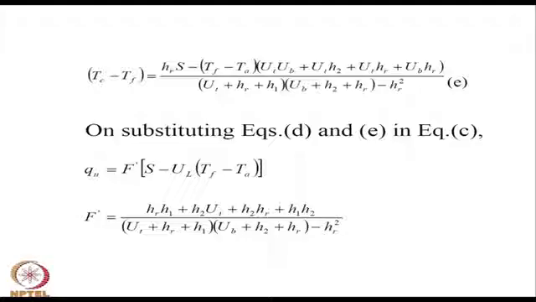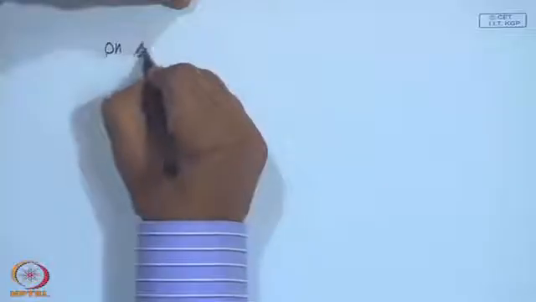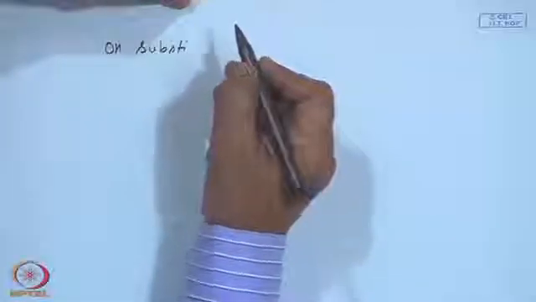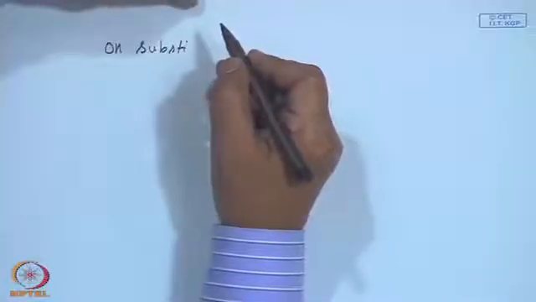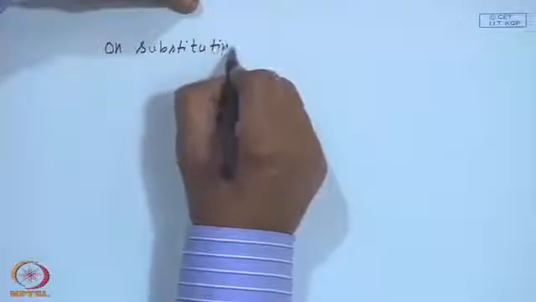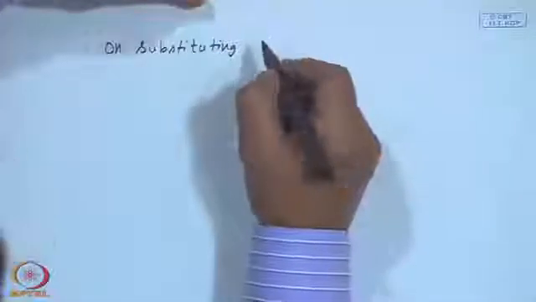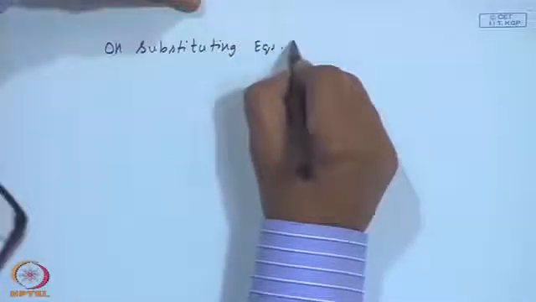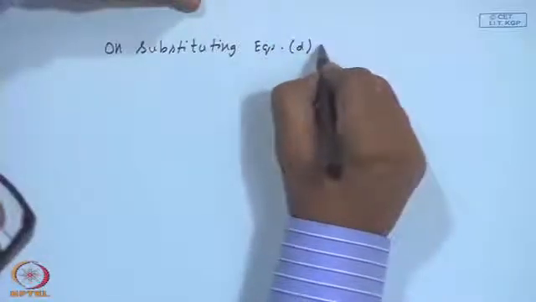There may be one or two differences that you can easily figure out. For example, you can always refer to the textbook by Duffie and Beckman. Nevertheless, you have to work out, because the details are not given in most of the books, because this is a laborious algebra.